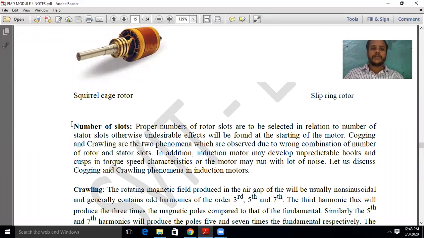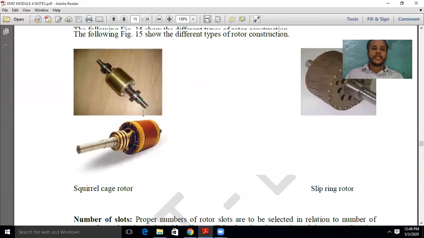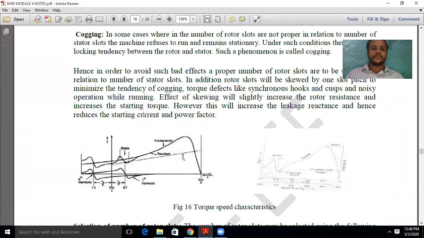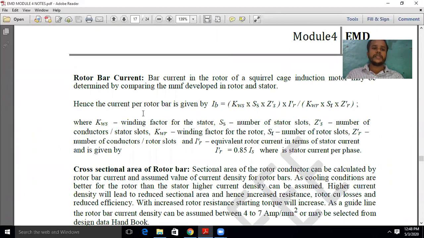See the number of slots, the consideration of the number of slots, and the selection of the number of rotor slots.